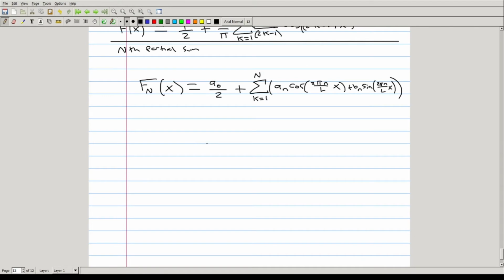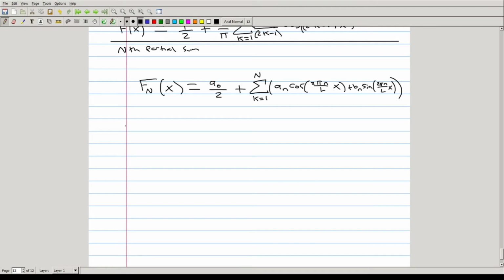So the zeroth partial sum is just the a naught over 2 term. The first partial sum is the zeroth partial sum plus the first cosine and sine terms, and so on and so forth.